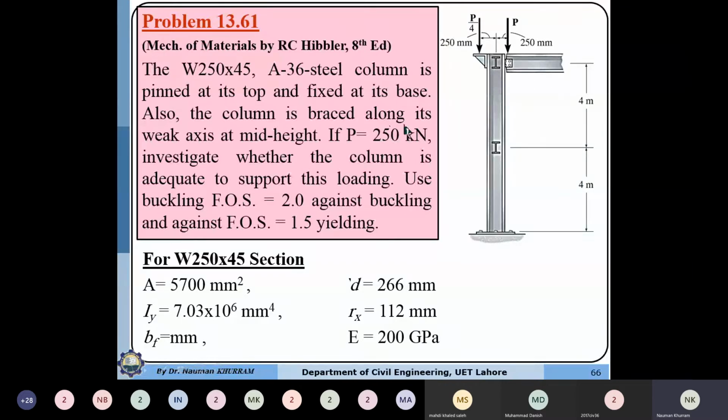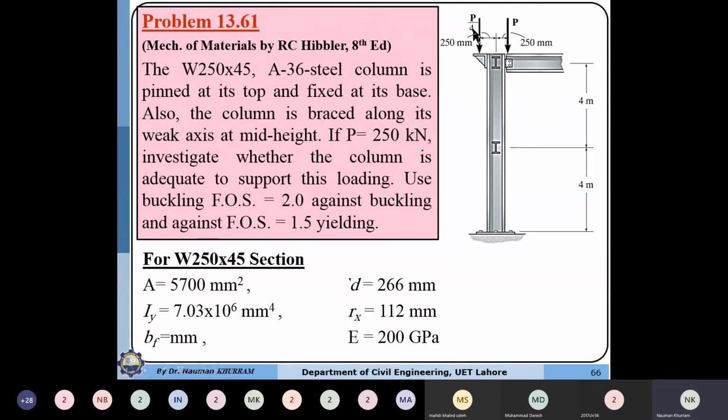Also the column is braced along its weak axis. The weak axis is the axis about which the moment of inertia is less, at mid height and at the top. If the load is 250 kilonewton, so there are two loads of 250 kilonewton acting on either side of the central axis.